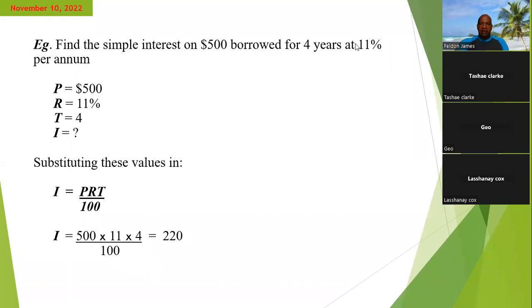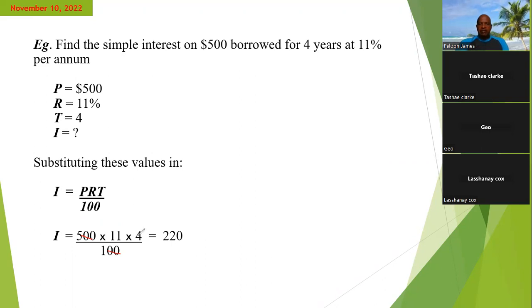Now we can go ahead, do the calculation, cancel zeros below with zeros above. So, I mean, you could easily work this with your calculator. So you'd multiply 5 times 11 times 4, which gives you 220.